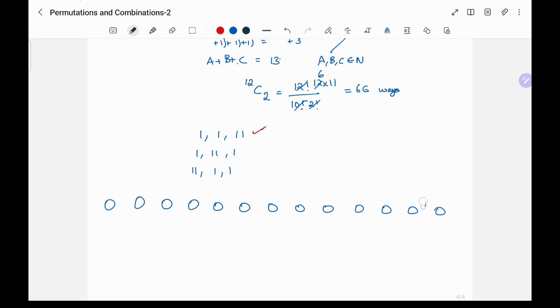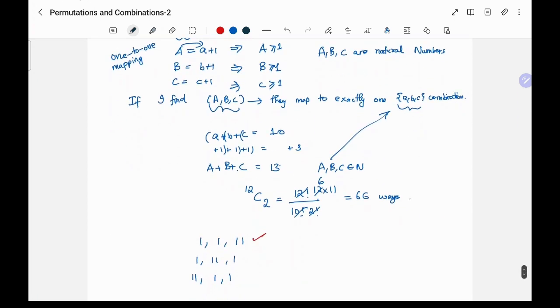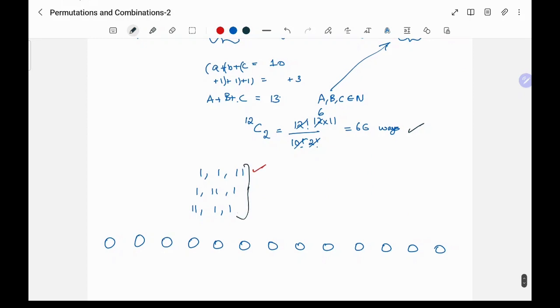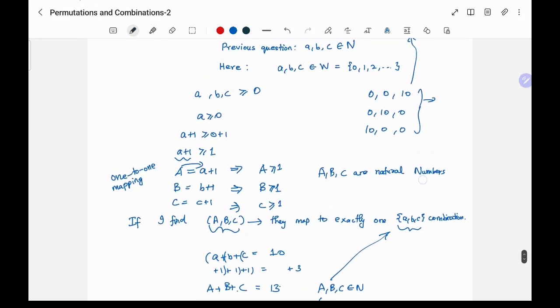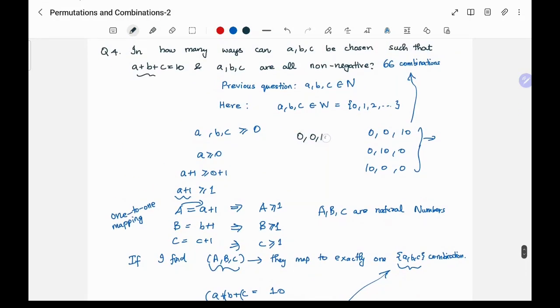So these are all different combinations of what we have considered. Including these three, it is the 66 ways, not just 0, 0, 10. Even though I'm saying combination, it doesn't mean I'm only taking one of these, no, the others are considered too. So including all these three, it is still 66 ways.